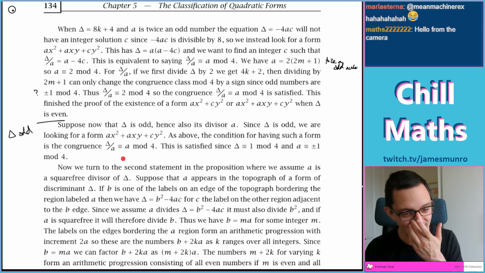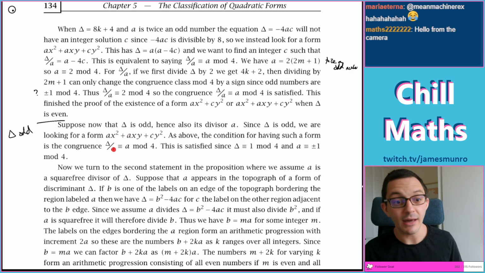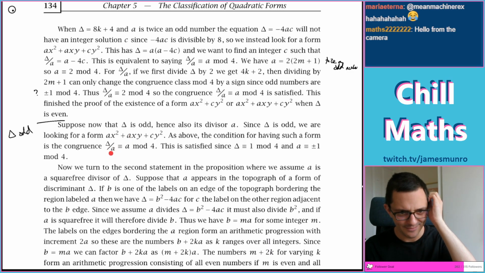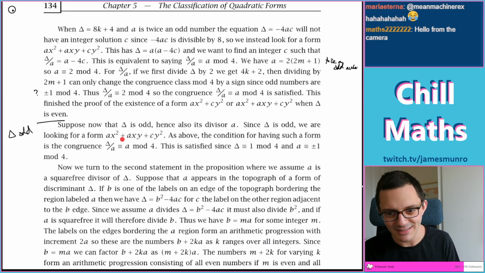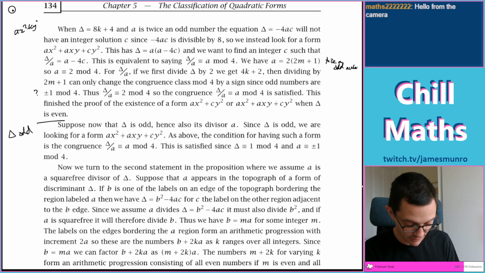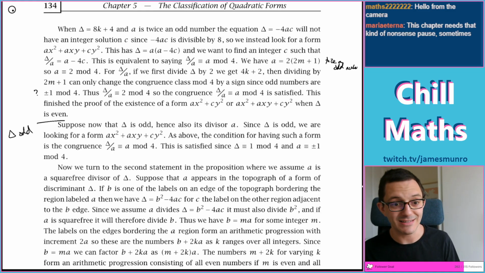Okay. So they've just about convinced me that you can get away with dividing, like the leftover bit. That there will be some number like c that you can find to put in the other bit of your quadratic form, whether it's x squared plus cy squared or the other one, axy plus cy squared. You can find some number c such that this stuff works out.